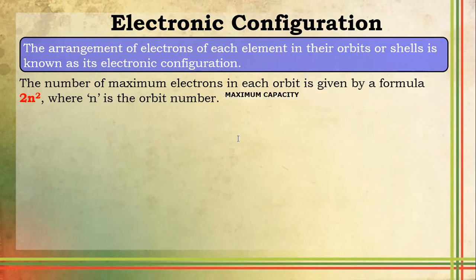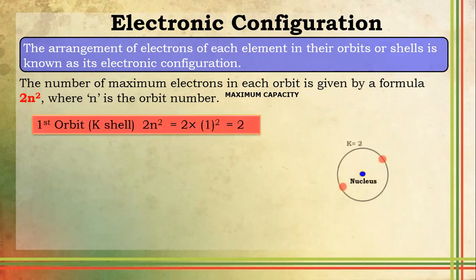So n over there, students, is the orbit number. What do you mean by orbit number? We all have studied that an atom has K shell, L shell, M shell, N shell. So in place of K, if I substitute number 1, K is the first shell. So when I substitute, n is equal to 1.